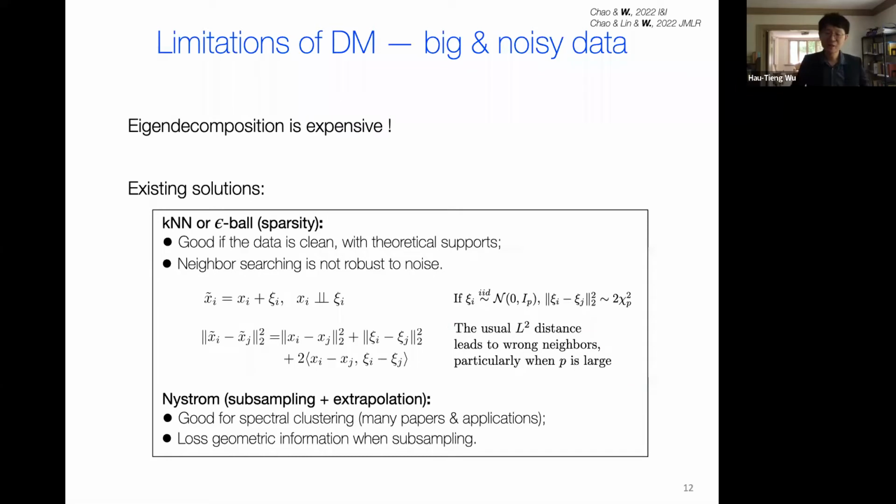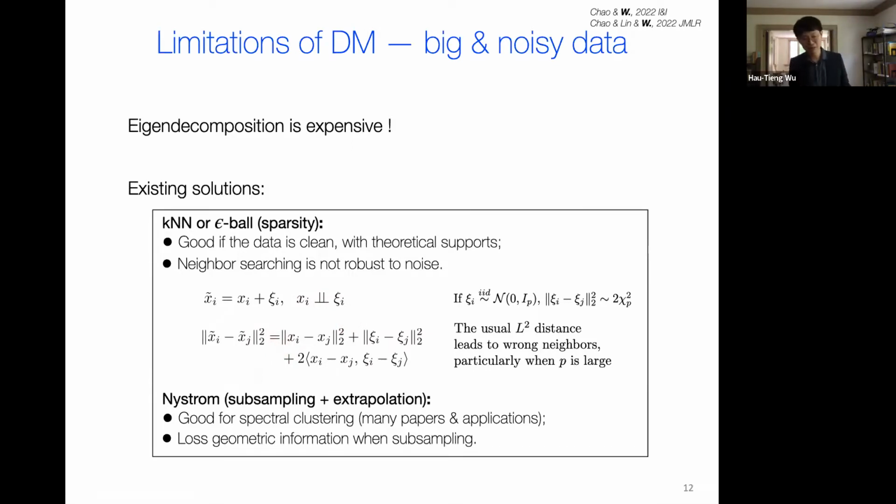And you know that chi-square p has mean p and standard deviation square root of 2p, right? So when p is large, which means when the data is in high dimensional space, this ξ_i minus ξ_j norm will dominate the signal, and this noise is super strong, right?